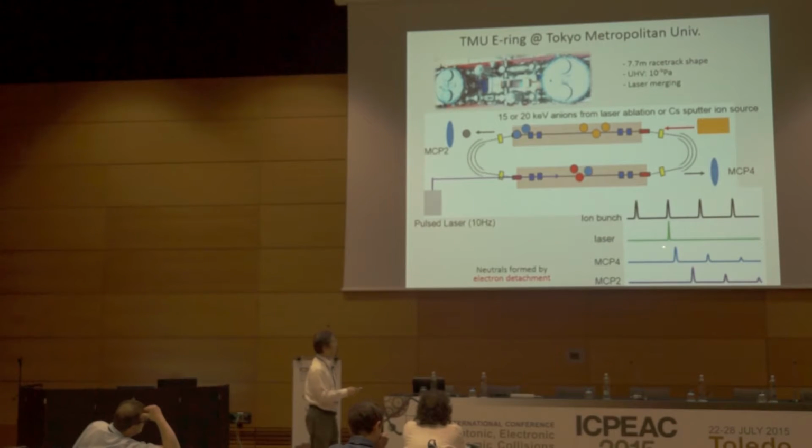The very first peak from the microchannel plate involves the very first detachment process. So the two-photon process may contribute to the very first peak, but for the other peaks, it's purely due to the single photon process.